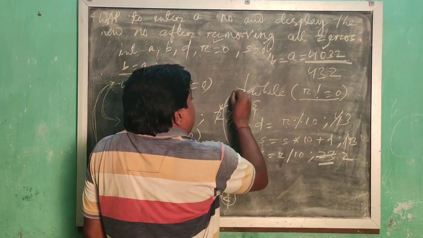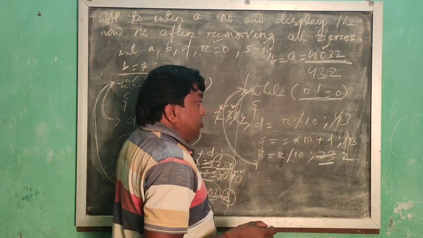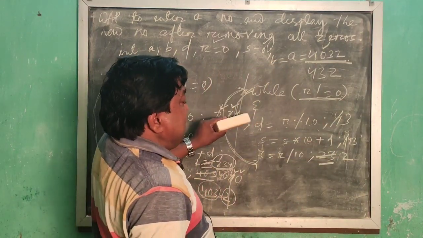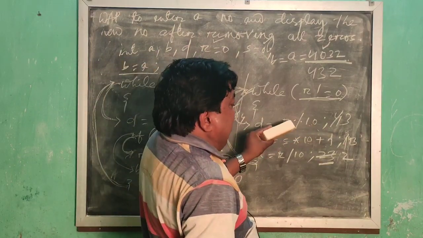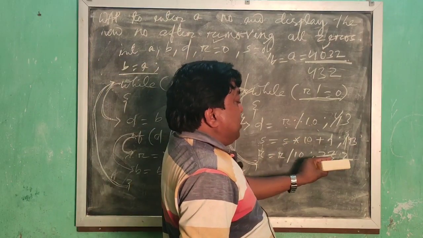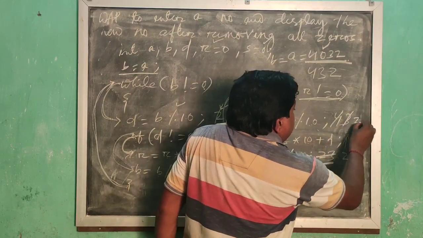Then again it comes back to the while loop and checks the condition r is not equal to 0. Is it true? Yes. Then again it goes through the loop, means d equal to r modular 10. r here was 2, then 2 modular 10 means it will be 2.